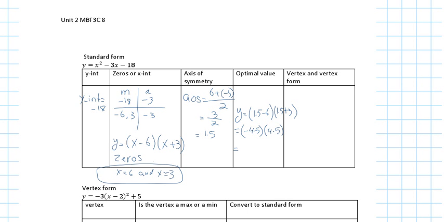Is that negative 4.5? It should be negative 20.25. Is that what you got? So what's my vertex? 1.5, negative 20.25.